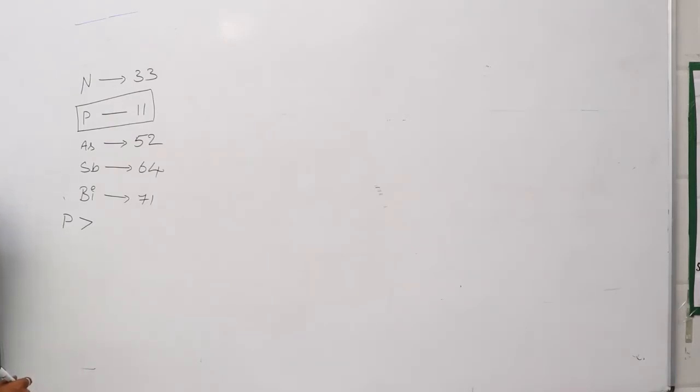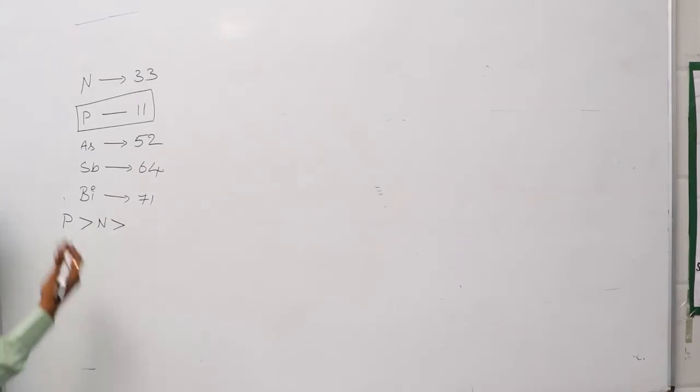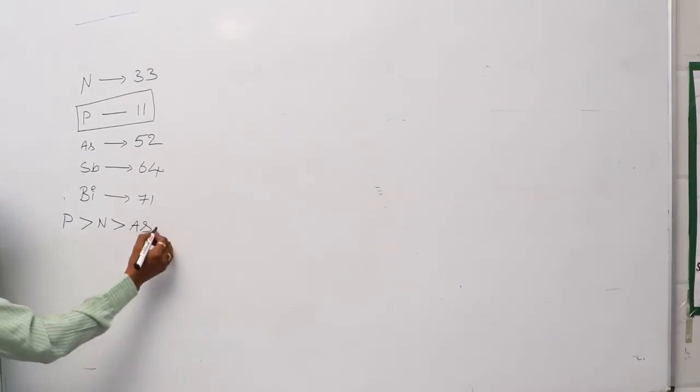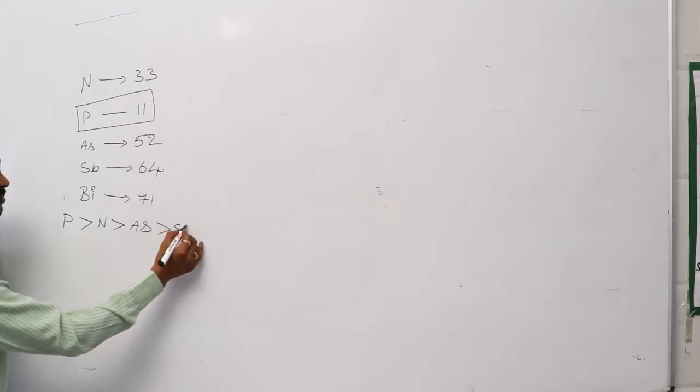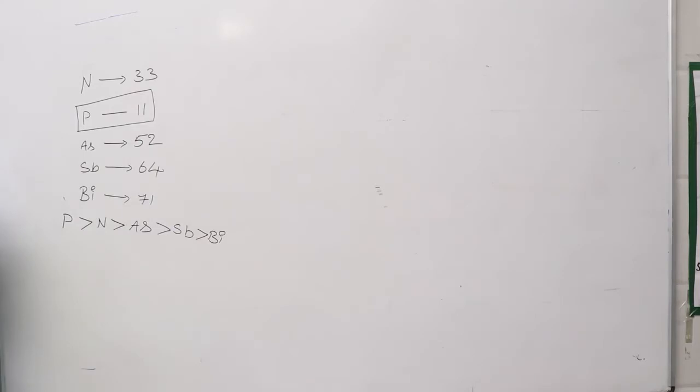Next ranking nitrogen, and then as usual arsenic, next antimony, and then bismuth. This is the relative abundance of the elements in the Earth's crust.